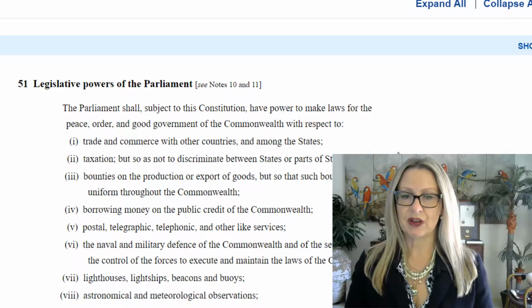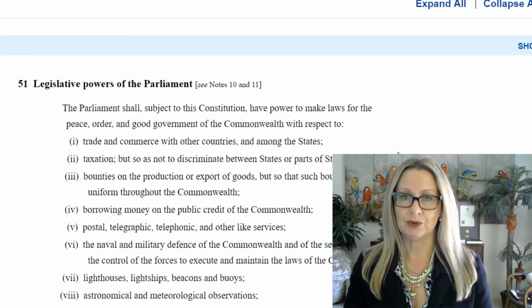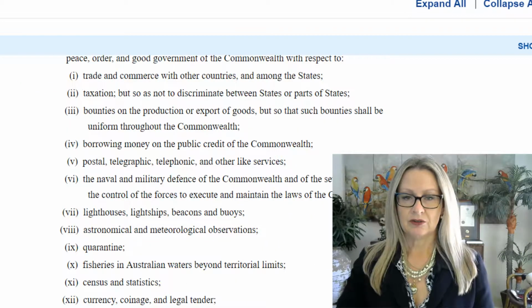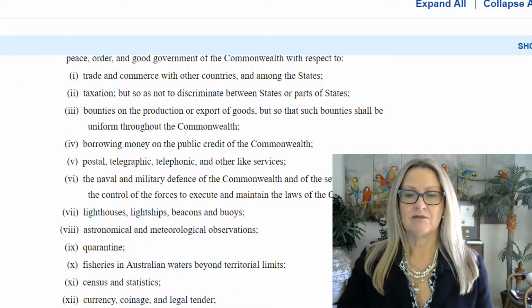The parliament shall have power to make laws for peace, order, and good government of the Commonwealth with respect to only these things. This is exhaustive. Trade and commerce, tax, bounties, borrowing money, post, telegraph, and so on.